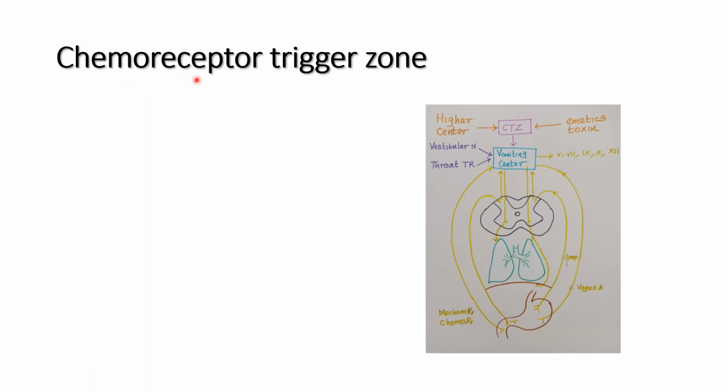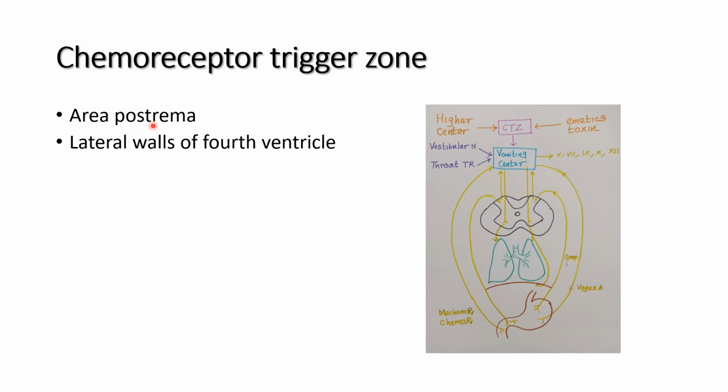Memory of a previous vomiting and nauseating sensation also stimulates vomiting. The chemoreceptor trigger zone plays an important role in vomiting. It is located in the area postrema in the floor of the lateral wall of the fourth ventricle, outside the blood-brain barrier.